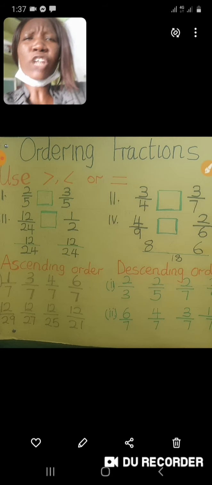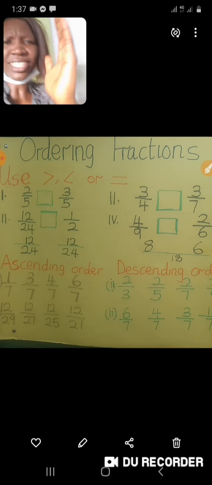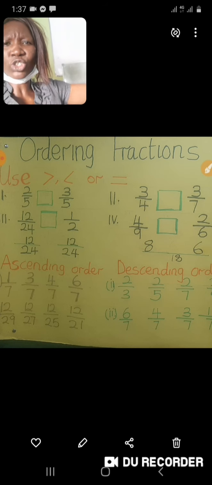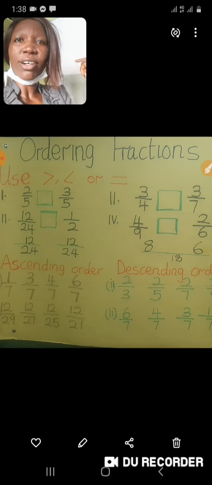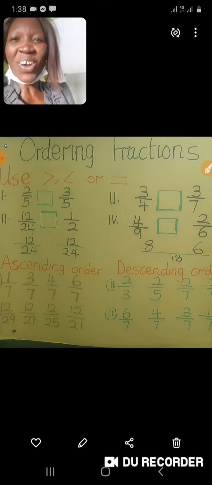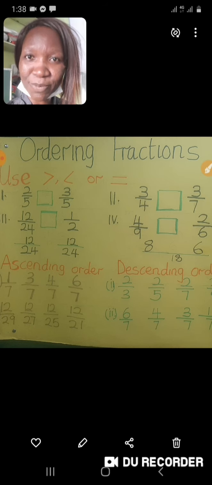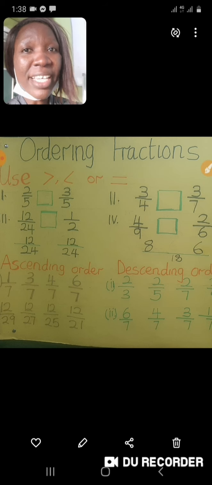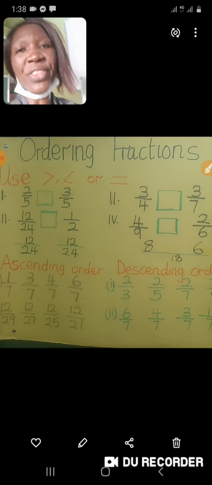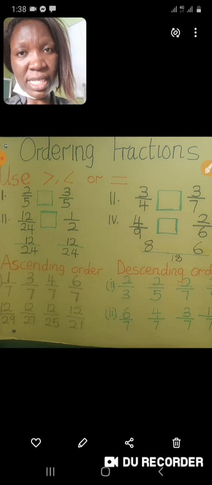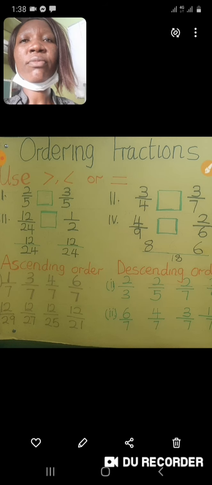The bigger fraction, oh, look at my hand. Can you see the bigger one? You stretch. I'm stretching now. The bigger denominator. Oh no, it's not the biggest, it's the smallest. Yes. So you have to be very careful with this. It's like opposite.